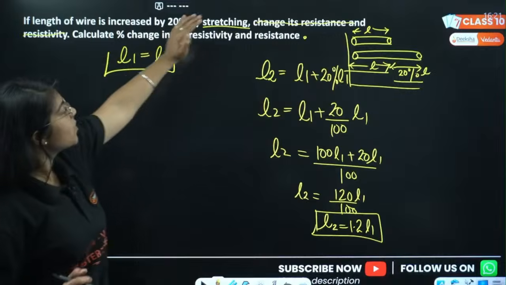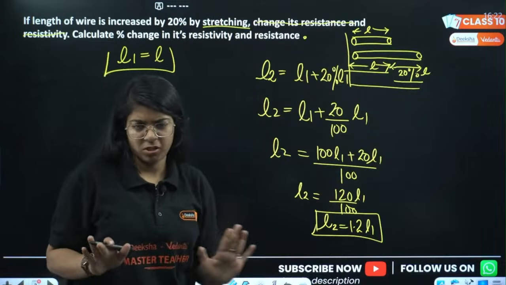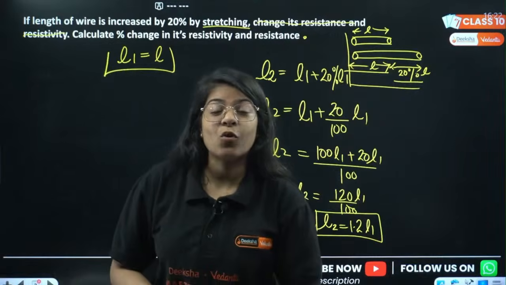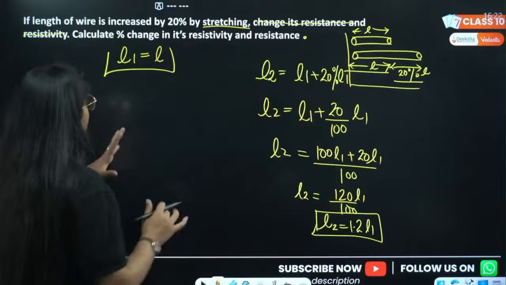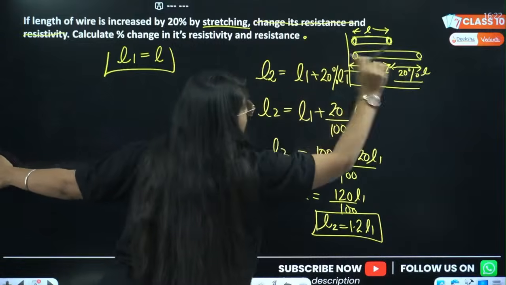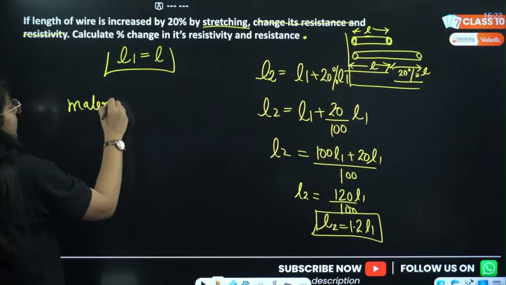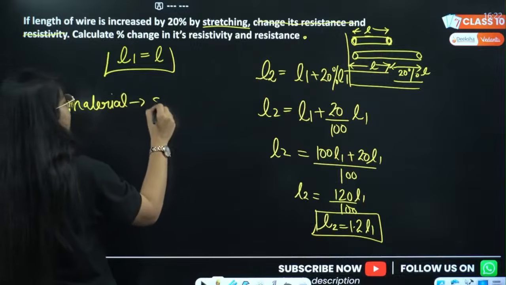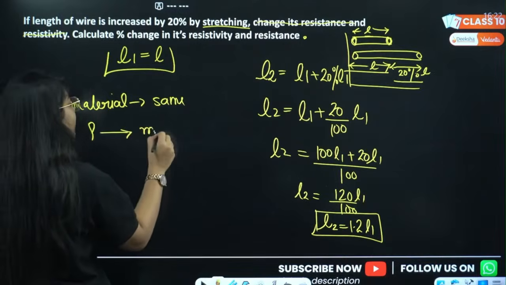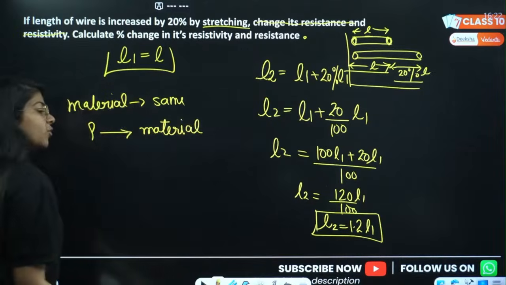We have to calculate the percentage change in resistivity and resistance. Let's talk about resistivity first. Resistivity won't change. The wire is stretched, so the material is the same, and resistivity is a property of the material.